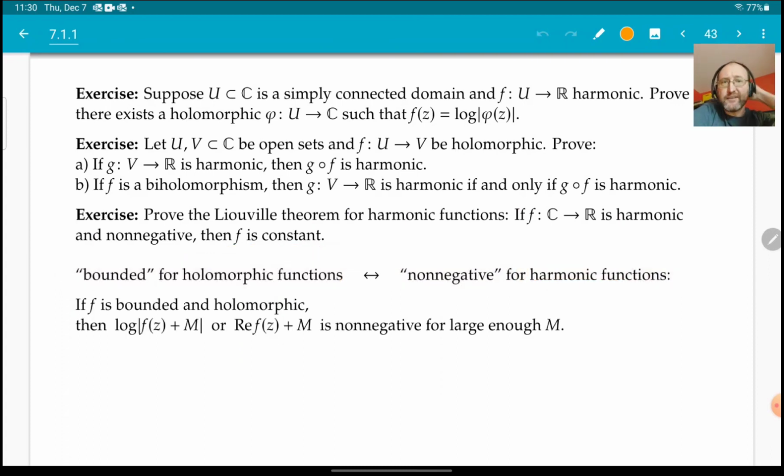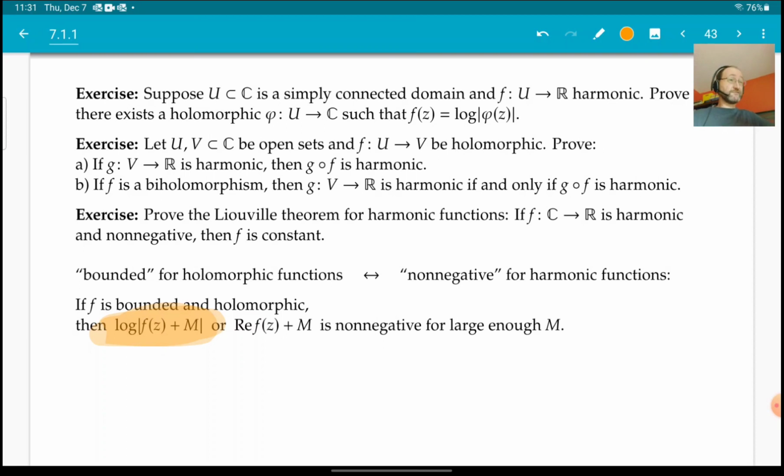Why is that? Well, if f is holomorphic and bounded, then if I add m to it, for sufficiently large m, I can make f of z plus m sufficiently far away from 0 for all z, because f is bounded, right?